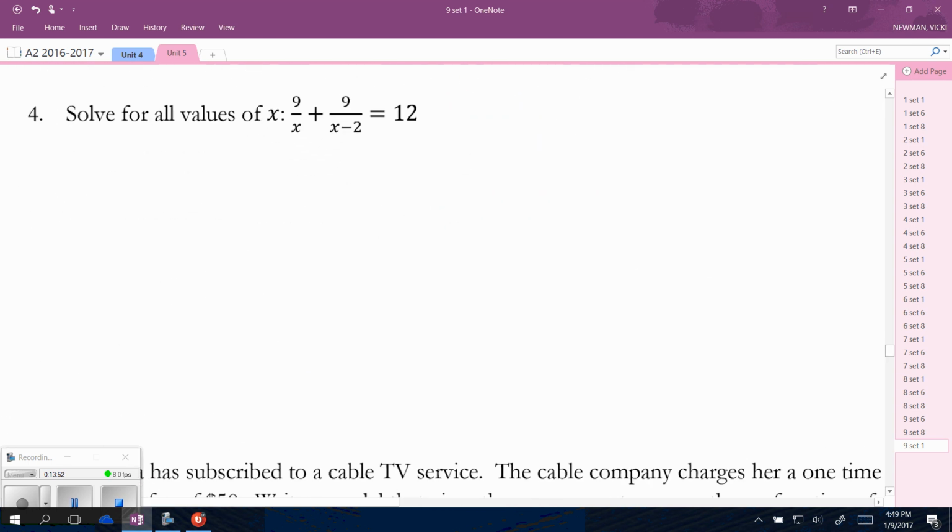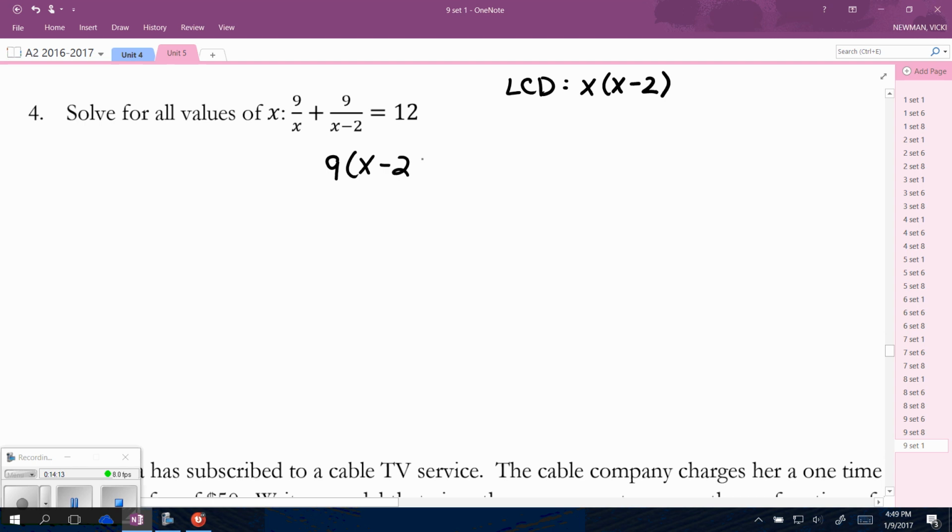Okay. Number 4. Again, Krause and Newman are going to do this differently. So we both would have you get a least common denominator of x times x minus 2. No matter which method you use, you will get 9 times x minus 2 plus 9x equals 12x times x minus 2.